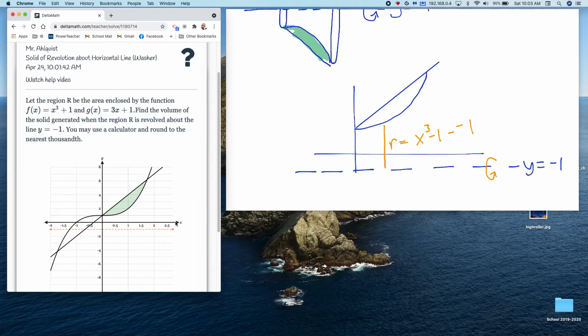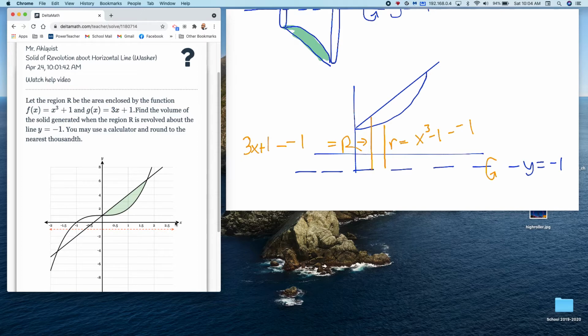The big radius, which is this distance, call that capital R, right there, is the top curve, 3x plus 1, minus the bottom curve. And as long as you do the top curve minus the bottom curve, you're going to get it.